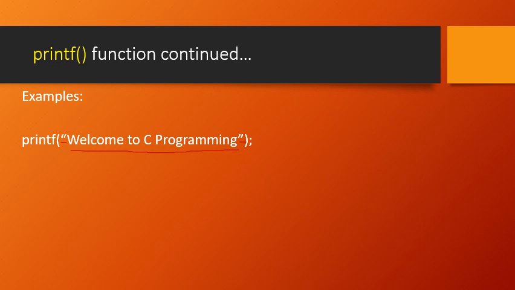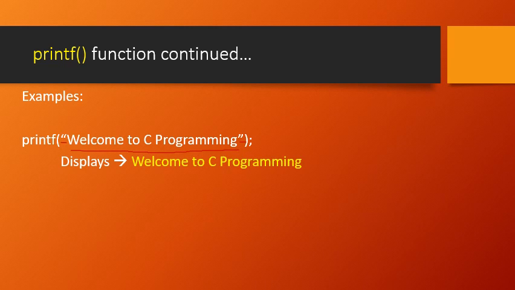The other part, after the double quote, is the comma and the variable name, which I am not including in this example. It is a very simple example. This statement will just display welcome to C programming on the screen.